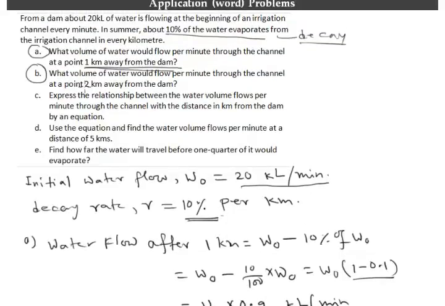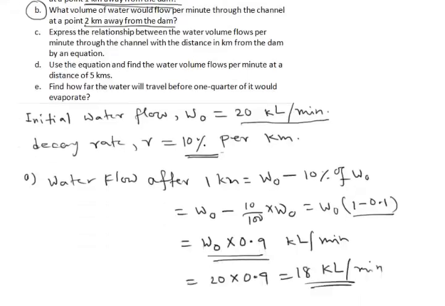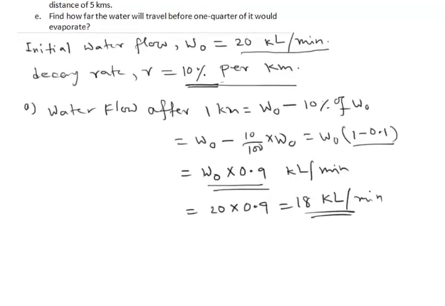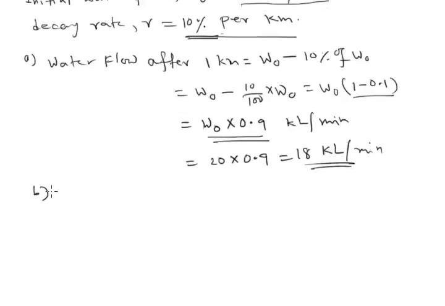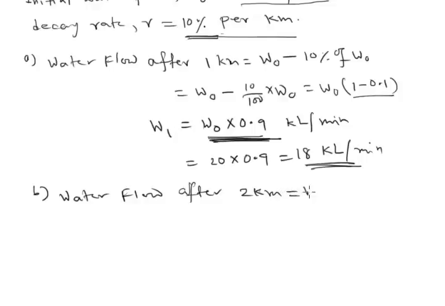Now question B. What volume of water would flow per minute through the channel at a point 2 kilometer away from the dam? The water evaporates 10% per kilometer. So after 1 kilometer the flow rate is W1, and in another kilometer, the water flow after 2 kilometer will be W1 minus another 10% of W1.